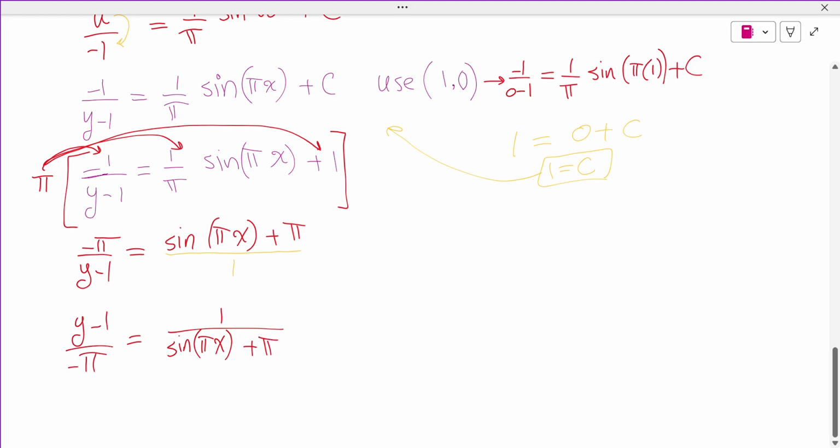We can multiply both sides by negative pi, so this is cancelled with this one. So y minus 1 equals negative pi over sine of pi x plus pi.